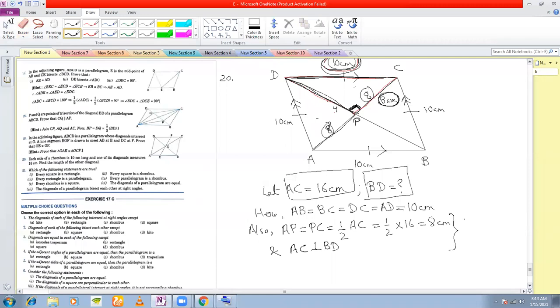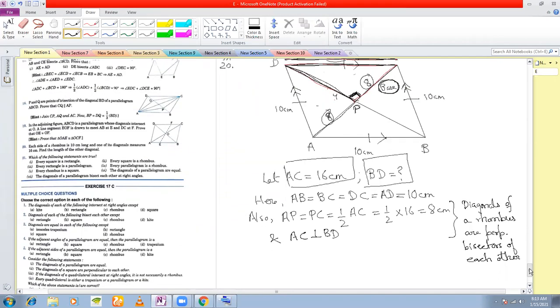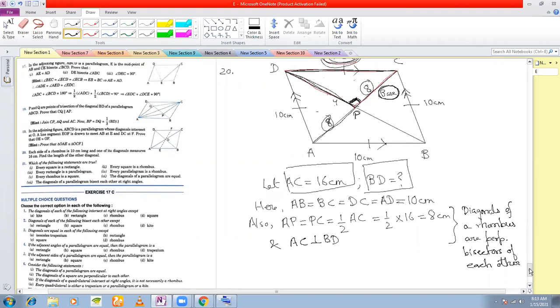The reason here is that diagonals of a rhombus are perpendicular bisectors of each other. So that is the reason behind why AP is equal to PC and why AC is perpendicular to BD.